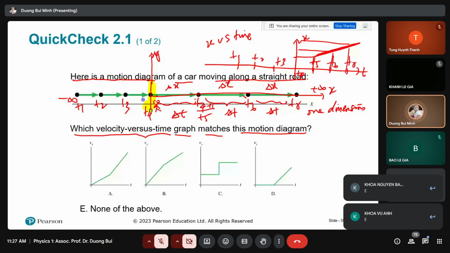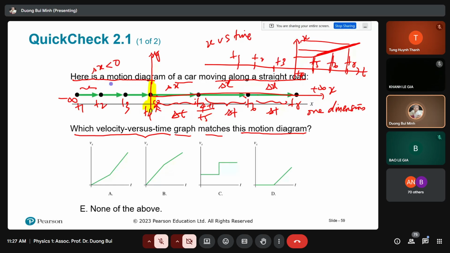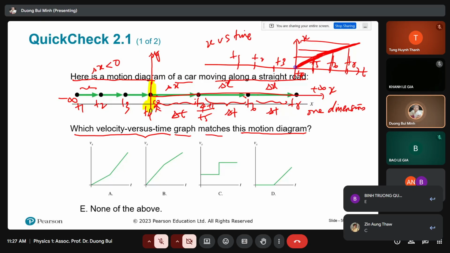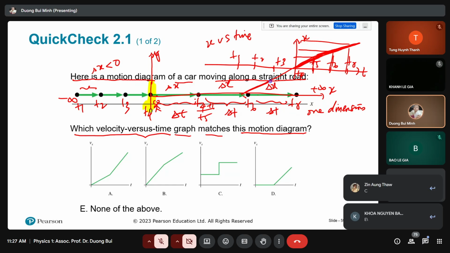Now here we have the same displacement magnitude, but delta x is negative. So you get this one. Imagine the curve of x like this, with delta t the same.